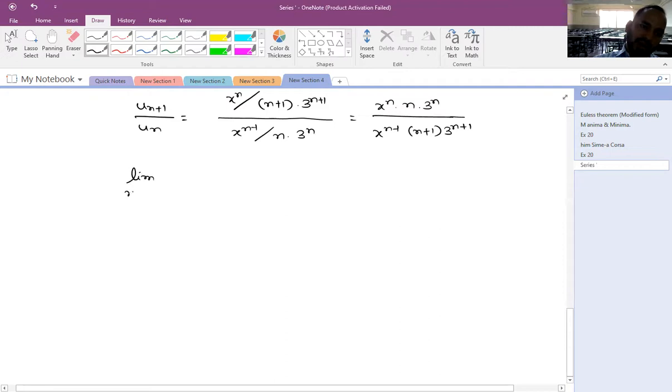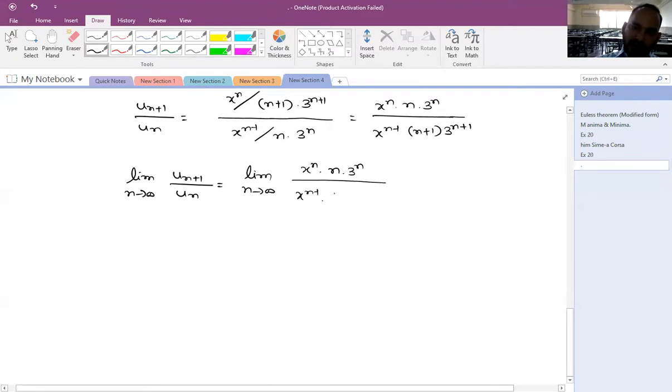Now limit n tending to infinity of un plus 1 upon un is equal to the limit of this expression. Now this will cancel one power. 3 raised to n will also get cancelled with this.